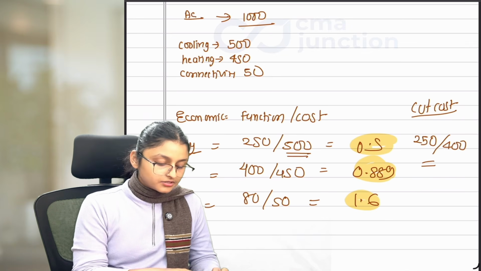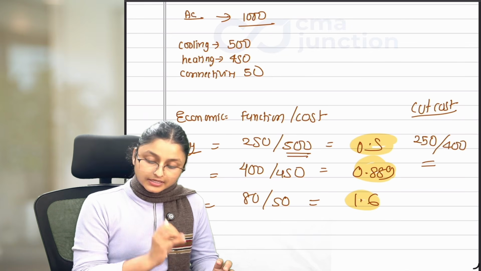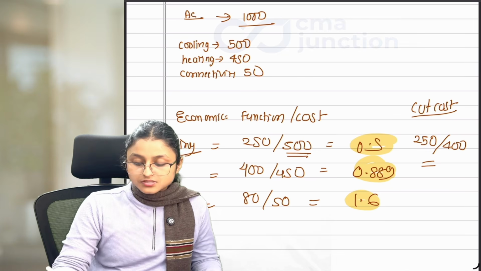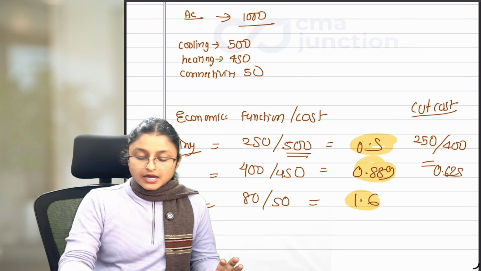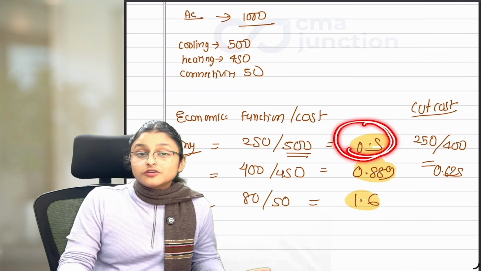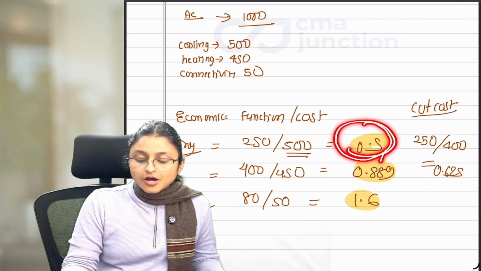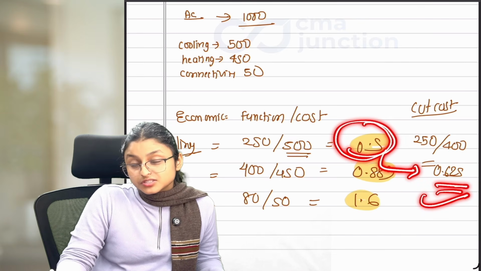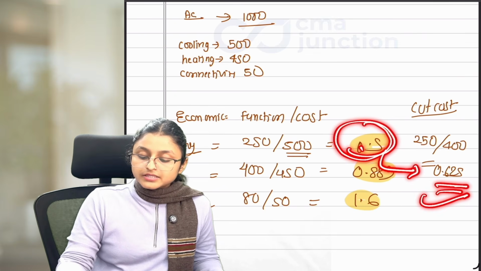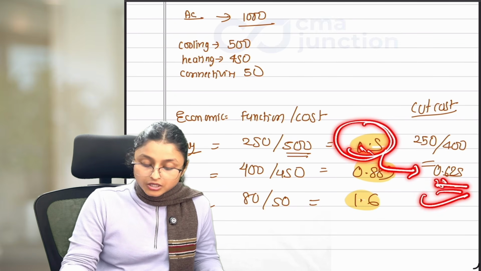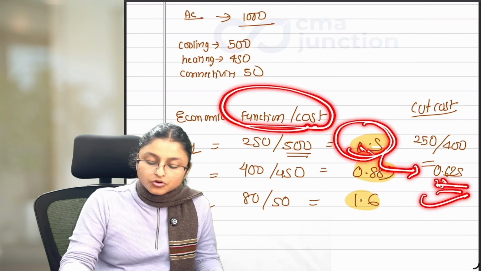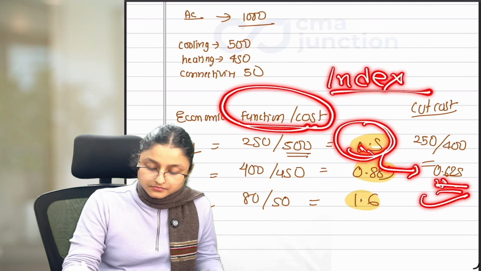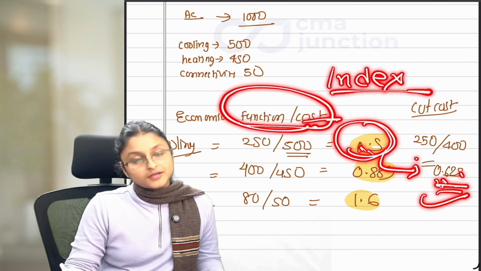Now if I calculate the economic value, how much is it coming? 0.625. Earlier we were able to achieve 0.5. Now we are able to achieve 0.625. That means our economic value has improved. So to know whether our economic value has improved or not, we need to calculate this score or this index, which shows us the economic value.